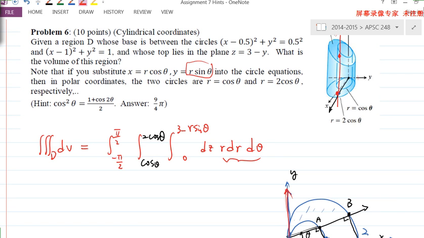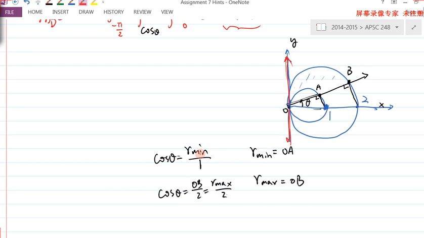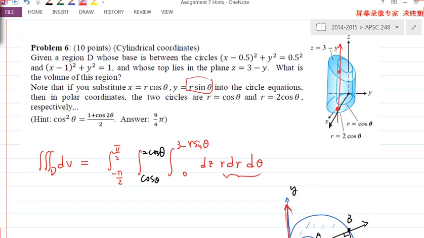The question also gives you some hints in terms of the r limit. As a matter of fact, r min equals cosine theta, or r max equals 2 cosine theta, is the polar expression for this circle and the polar expression for this circle here. If you substitute x equals r cosine theta and y equals r sine theta, you will get r equals cosine theta by some simplifications.